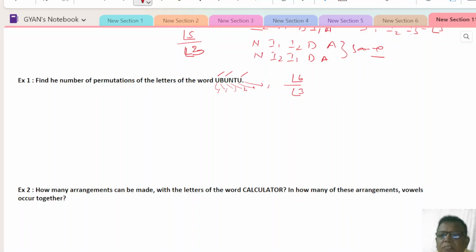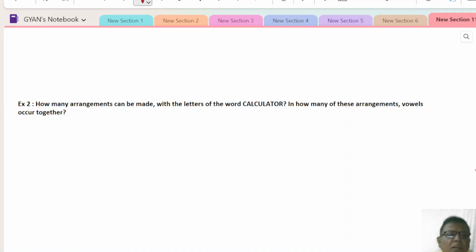Now come to the second question. How many arrangements can be made by the letters of the word CALCULATOR? First C, here also C, and here A, this one is also A. So how many are there? 2 A's are there.